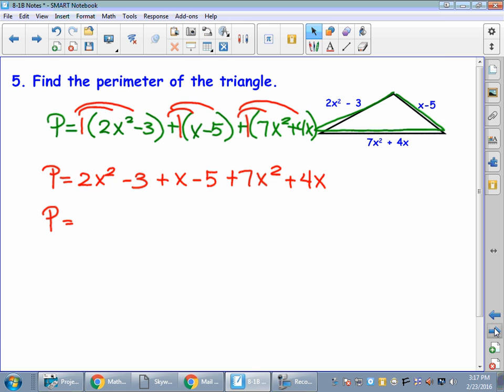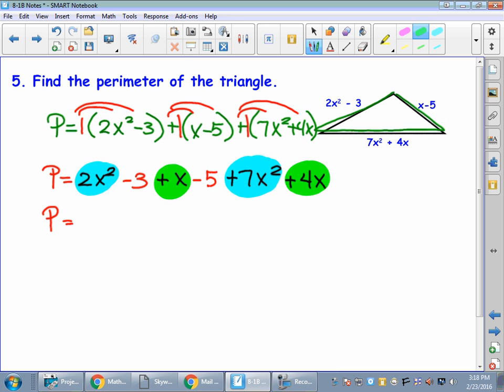So if I look at this, I'm going to regroup them. I'm going to use the highlighter method. I've got 2x squared here, and I've got a positive 7x squared here, so I know they're going to go together. I see a positive x here and a positive 4x here, and I see in pink I can do the negative 3 and the negative 5. So the biggest one are the blues.